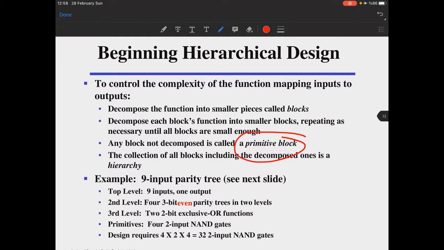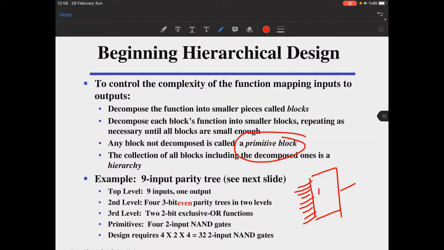For example, what we're trying to implement here as an example will be a 9-input parity tree. And when we look at this at top level, like from above the forest with a drone or something, we will see some functional blocks as trees, right? It's like looking at the top level, and you will understand that it should be a box where you have 9 inputs, 1, 2, 3, 4, 5, 6, 7, 8, 9, and one output.